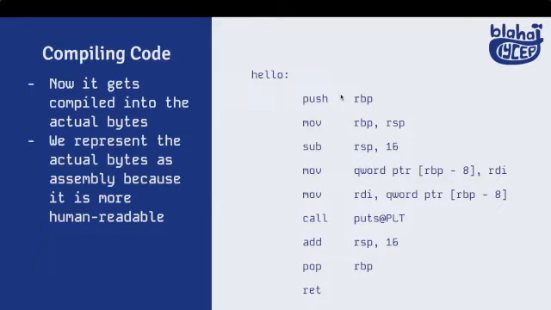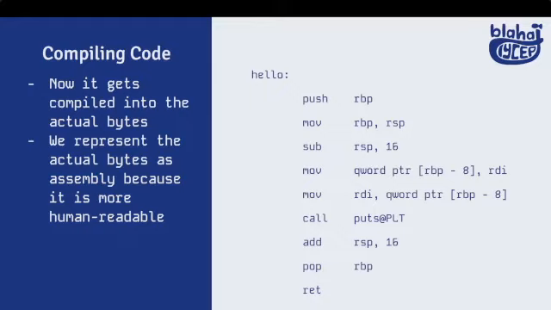Now, one thing that you might have heard is that assembly is this very scary, very verbose form of code that people don't usually write anymore, and that's correct. So you may be asking, if that's true, why is it so important that we understand assembly?